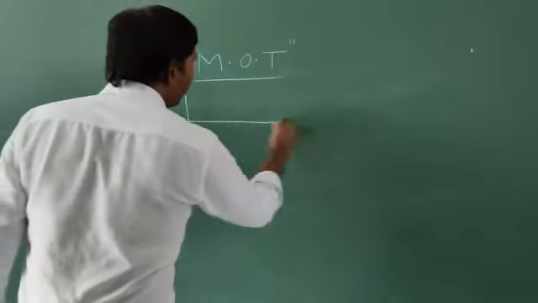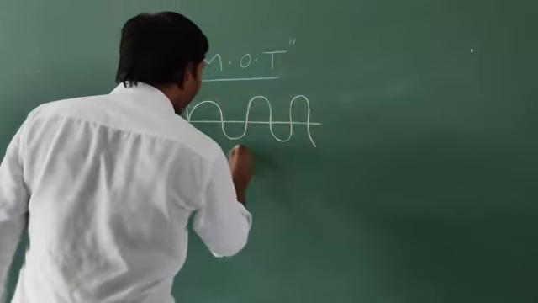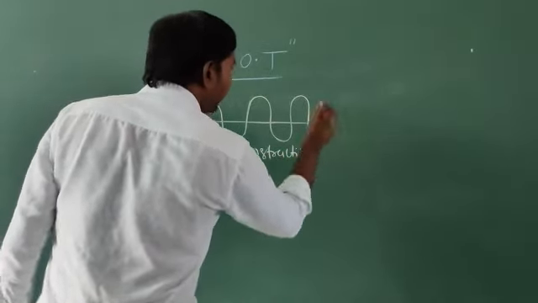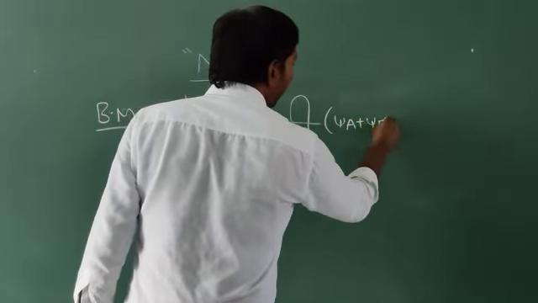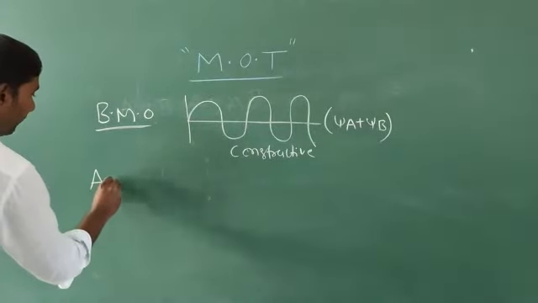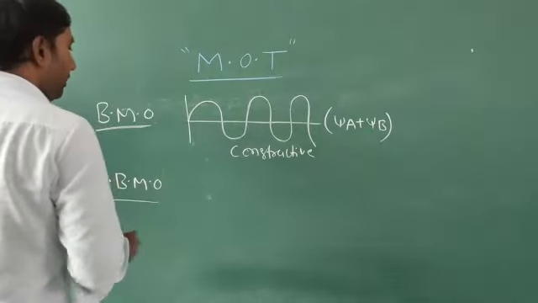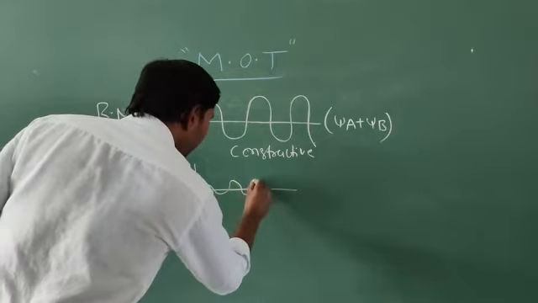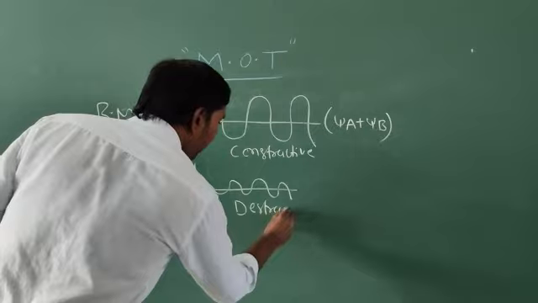BMO means constructive method, psi A plus psi B. Next, ABMO, anti-bonding molecular orbital, is destructive.